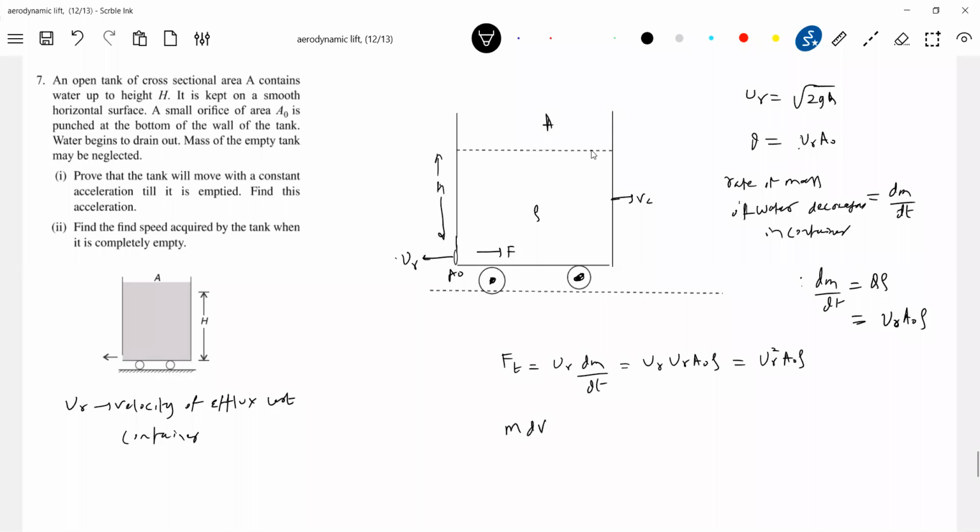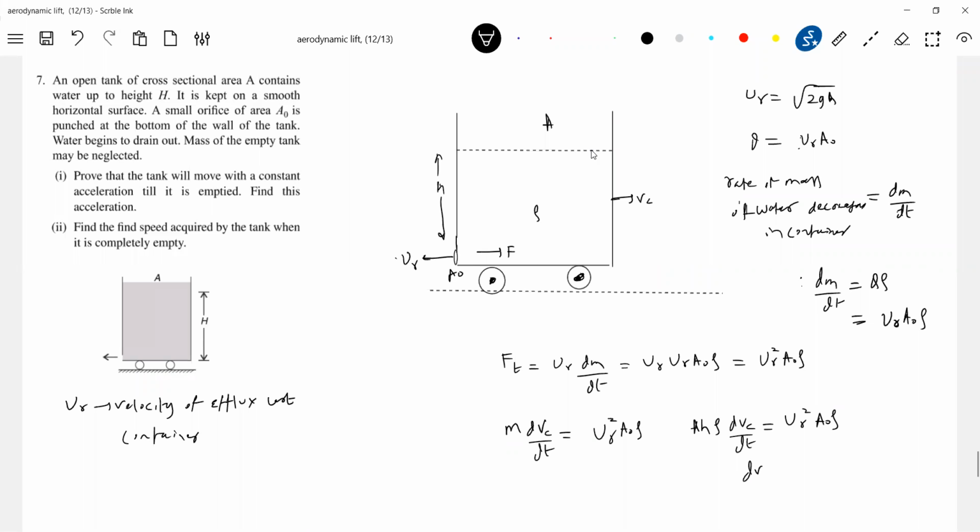M into dVc by dt. What is M? The mass of the liquid, A H rho. So A H rho dVc by dt equals UR square A naught into rho. The rho gets eliminated.